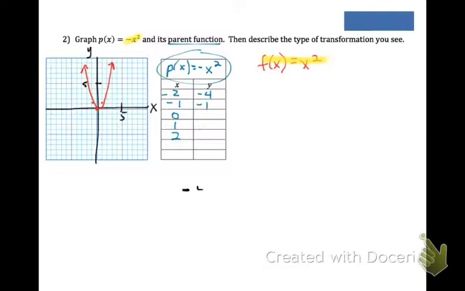Square 0, I get 0. Square 1, I get positive 1, but then I need to multiply it by the negative. And then finally, squaring 2 is 4, but I need to multiply it by that negative. So notice then, as we graph these, that our graph has reflected. So I've got the points negative 2, negative 4, negative 1, negative 1, 0, 0.